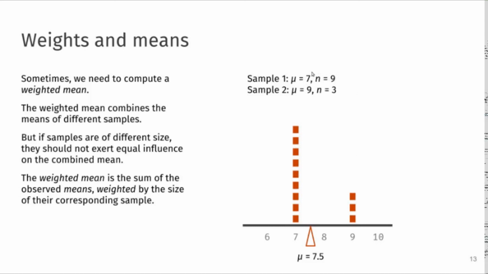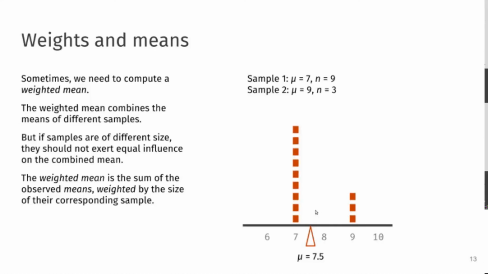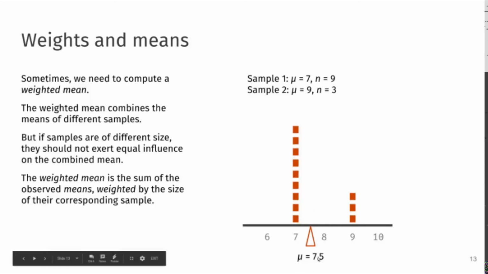So what we have is 7 times 9 plus 9 times 3, divided by the total number of observations, which in this case is 9 plus 3, which is 12. And that gives us, in the end, a value of 7.5.